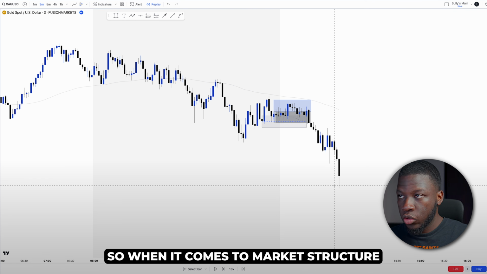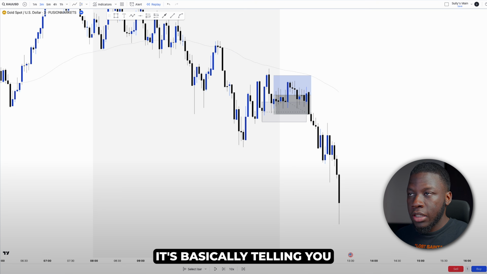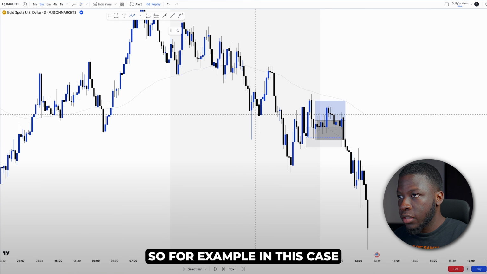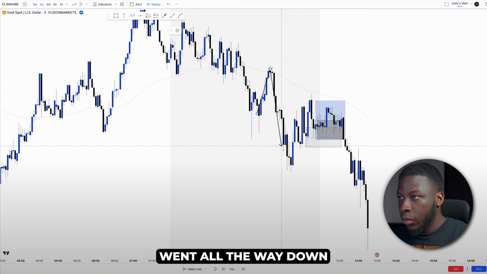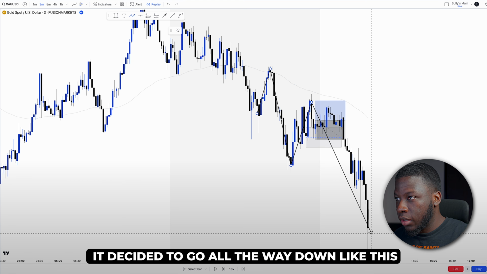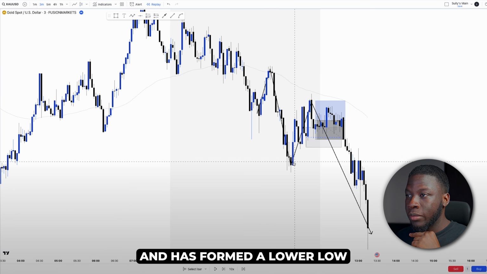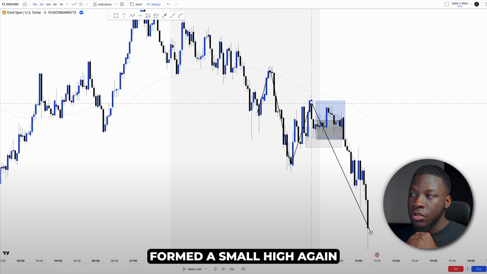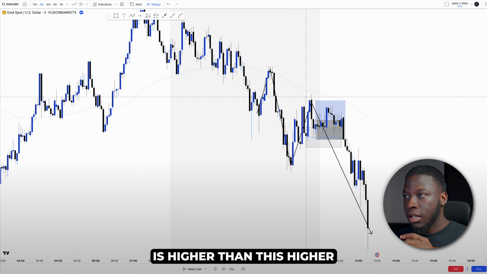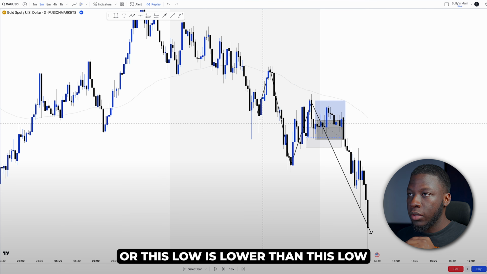So when it comes to market structure, we have higher highs and we have lower lows. It's basically telling you the direction or what price is doing. For example, in this case, we can see that price went up, went all the way down, went up slightly, and decided to go all the way down like this. In short, price formed a high right here and has formed a lower low, formed a small high again, and then formed another lower low, meaning this high is higher than this high, and this low is lower than this low.